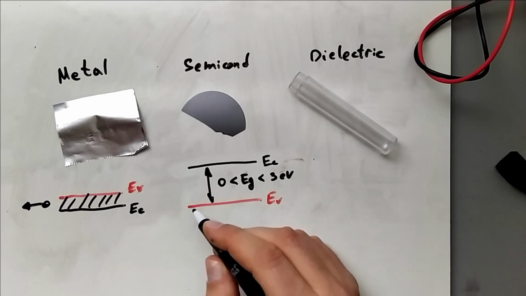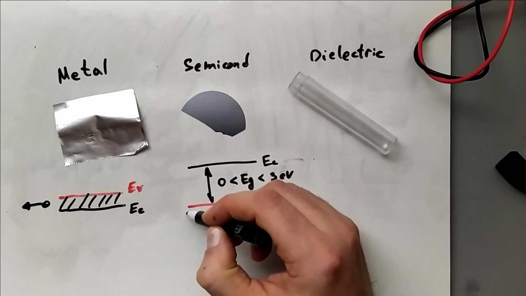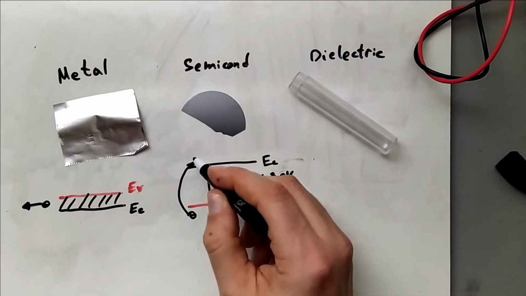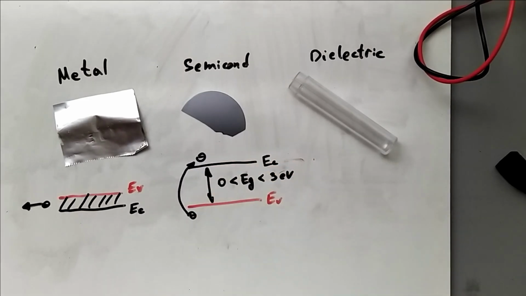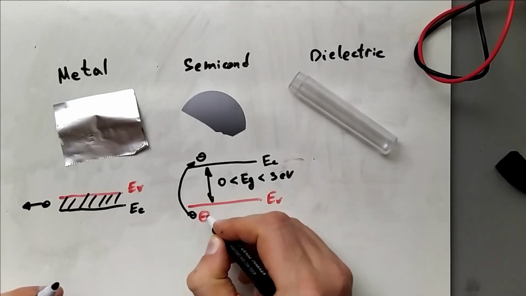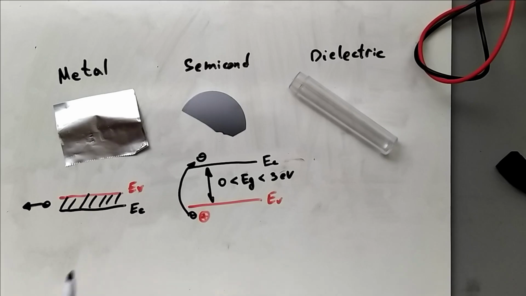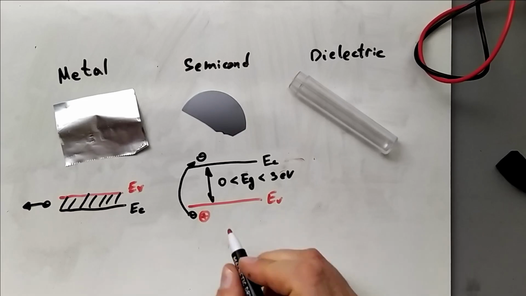In order to move an electron from the valence band to the conduction band, so we have a free electron here, and automatically we get a free positive charge called a hole in the valence band. Both of them can move in an electric field in opposite directions.